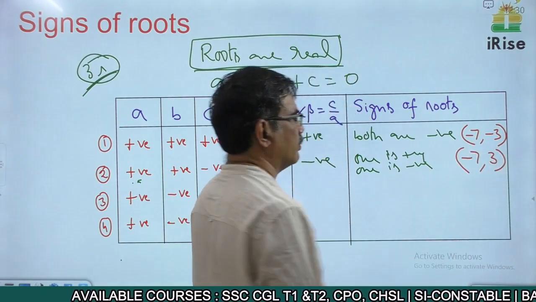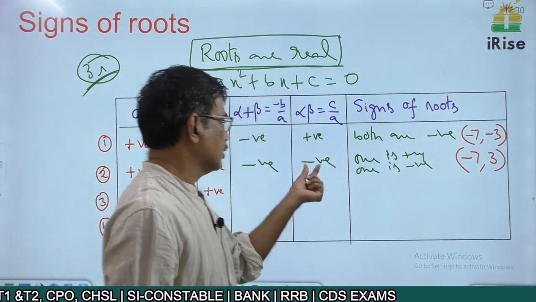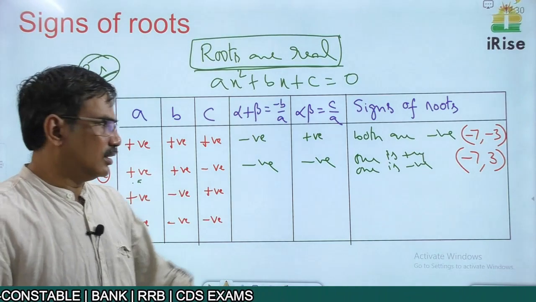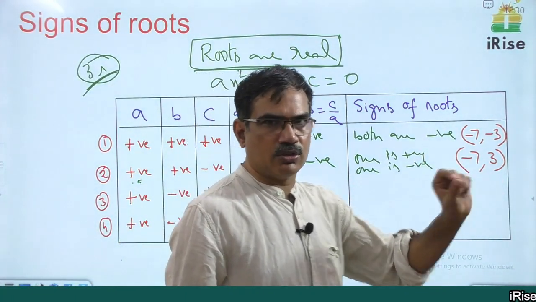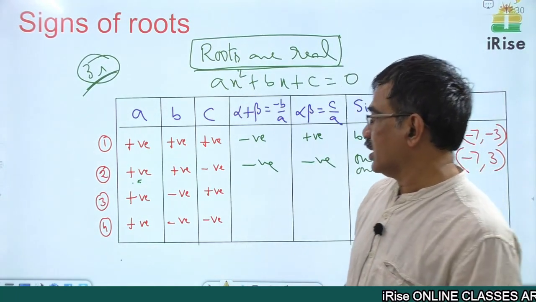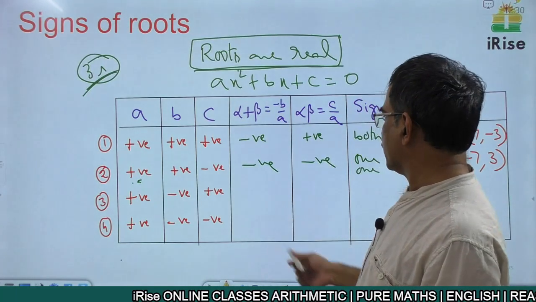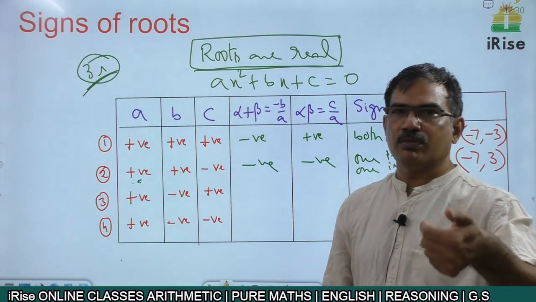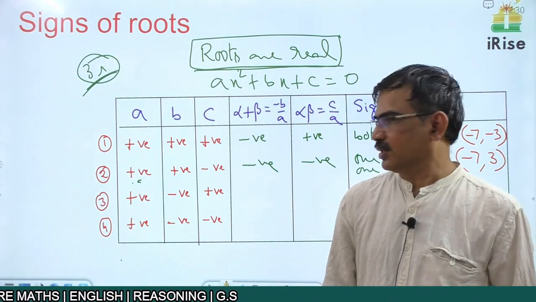One is positive, other one is negative. Sum negative, product negative. Numerically biggest one having negative sign, numerically smallest one having positive sign. When a, b, c are positive, positive, negative, we say that the bigger root has a negative sign, the smaller root has a positive sign.